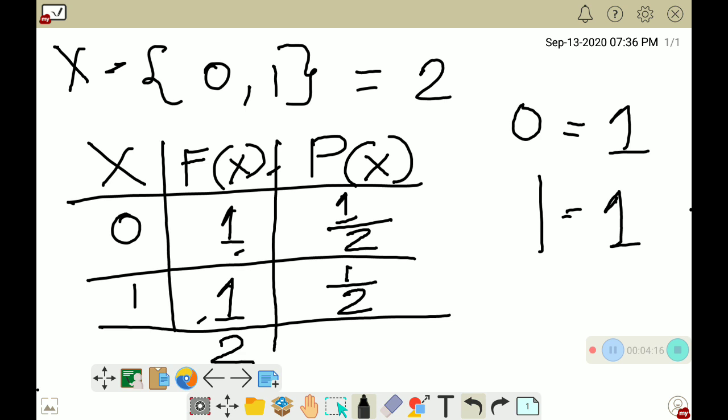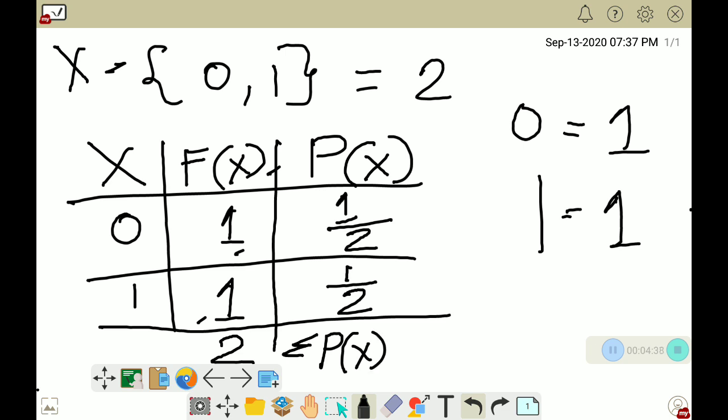Then make sure that the probability distribution is less than or equal to 1, but more than or equal to 0. And we also need to find the summation of p of x.